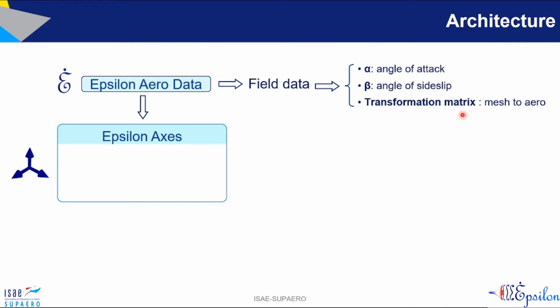This transformation matrix is very important because it gives me the information that allows me to compute the transformation from the mesh reference system to the aerodynamic reference system. So let's see how it works inside ParaView and how Epsilon Axis manages to generate those reference systems.